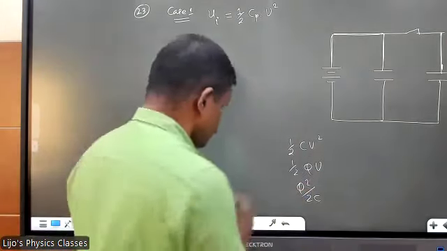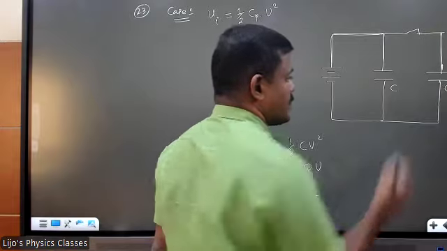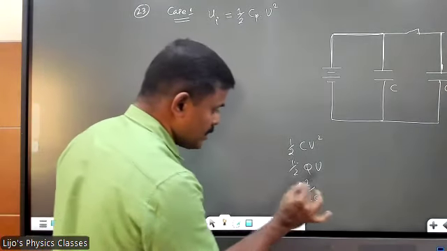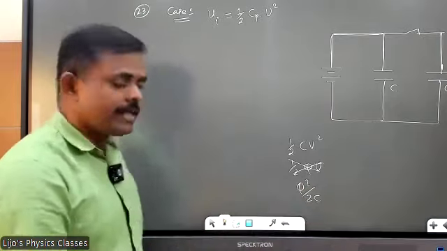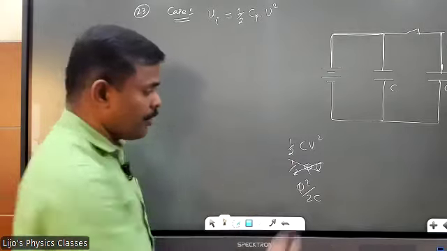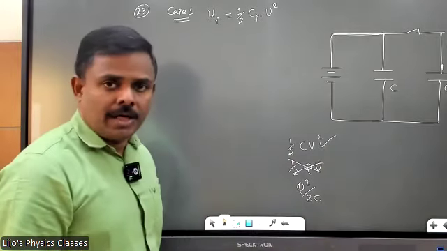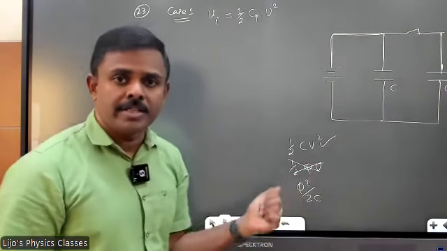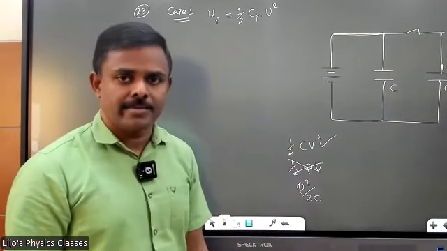Both the capacitances are C. They are identical, right? So that automatically eliminates the half QV equation because that equation does not have capacitance in it. Then between these two, I'll go for this one because this is a parallel combination. In parallel combination, who is the same? Voltage is the same, right?